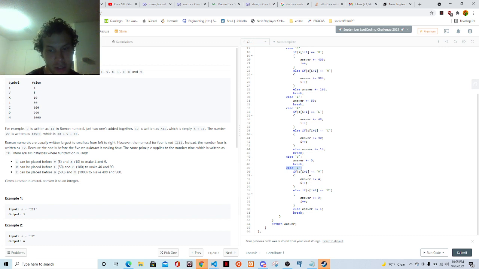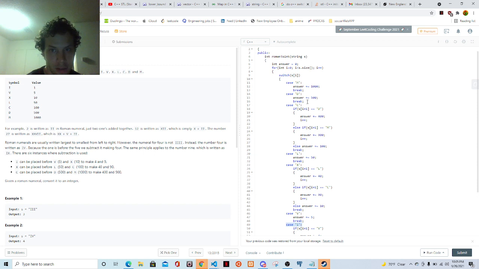And if the next letter is a V, then it'll do answer plus equals 4. Otherwise, it'll also check to see if it's X, and if it's X, obviously IX is equal to 9, so it'll add 9. And then if it's neither of these two, then it'll add 1. It essentially does that same pattern all the way up to 1,000, which is M. So nothing too complicated there.